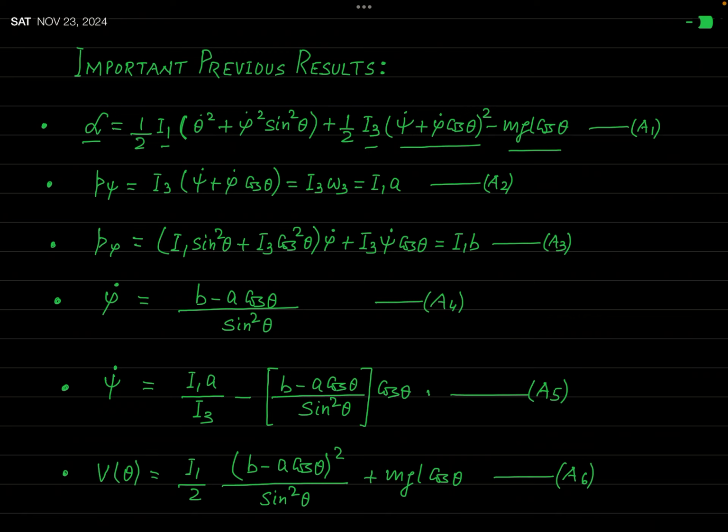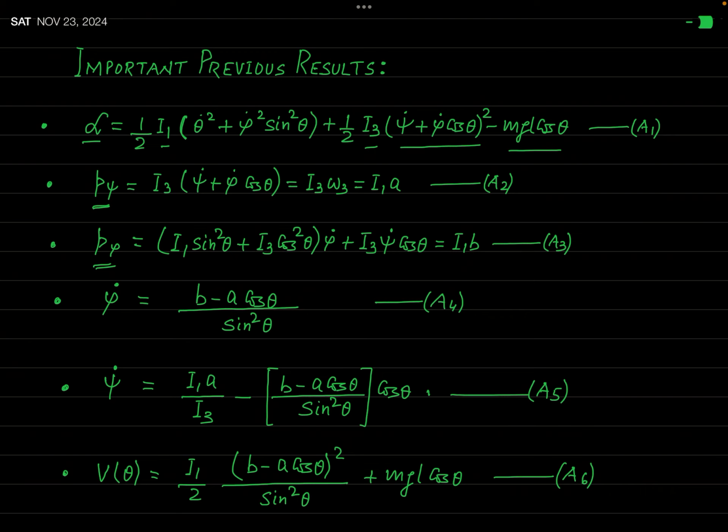After that, you obtained the three integrals of motion. The first two integrals of motion were p psi and p phi. Here p psi is the generalized momentum corresponding to the cyclic coordinate psi, and p phi is the generalized momentum corresponding to another cyclic coordinate phi.